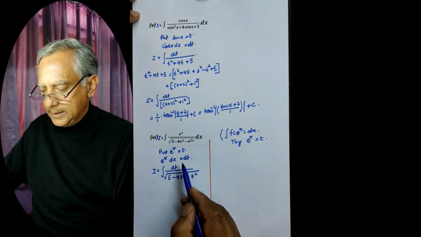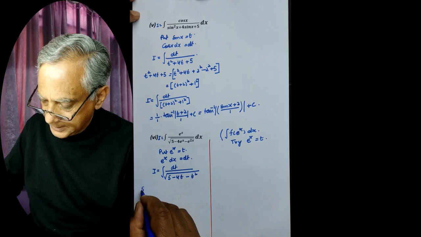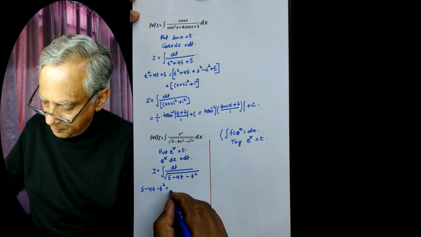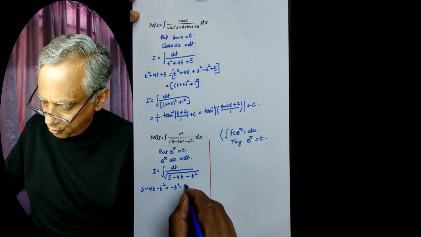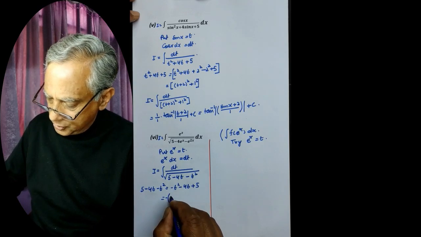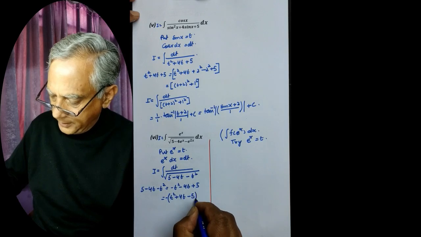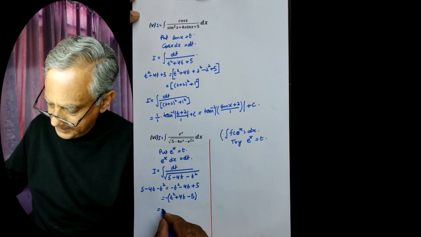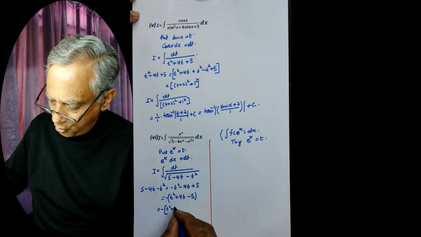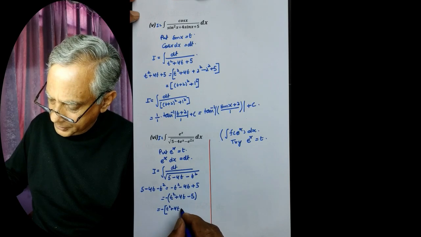Now what we do is we write 5 minus 4t minus t square as minus t square minus 4t plus 5. Minus is common, so t square plus 4t minus 5. This is equal to minus t square plus 4t, and half the coefficient of t is 2.